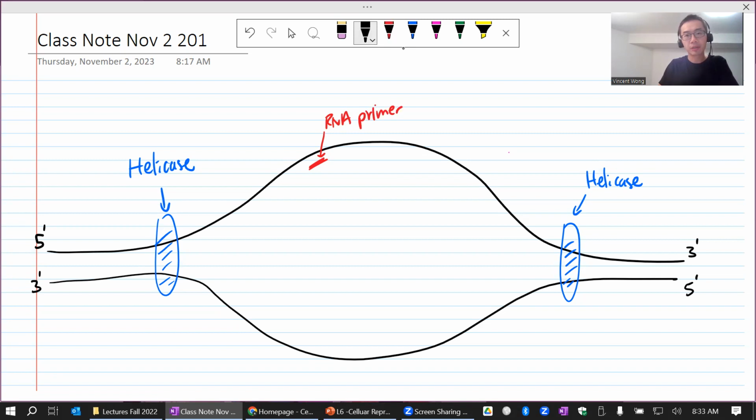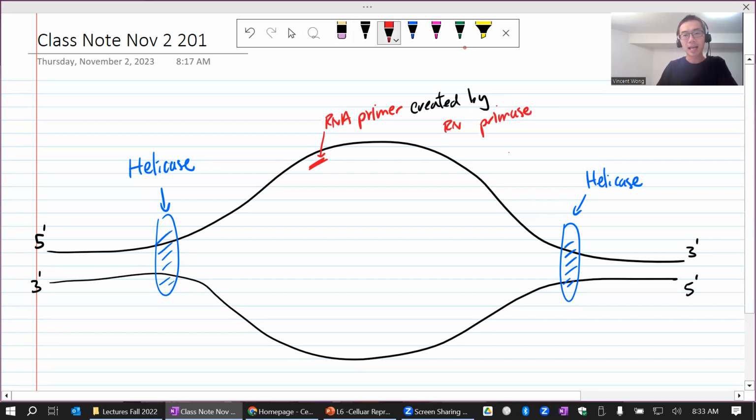RNA primer created by RNA primase. Okay, primase is the enzyme that creates the primer. Okay, so here is the primer. Primer is just a nucleotide, right? The ACTG.